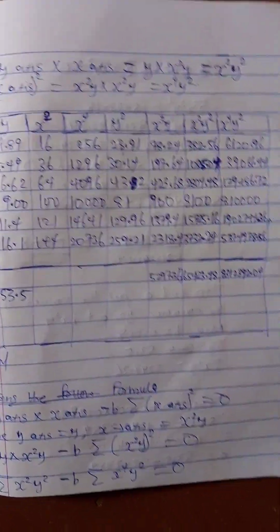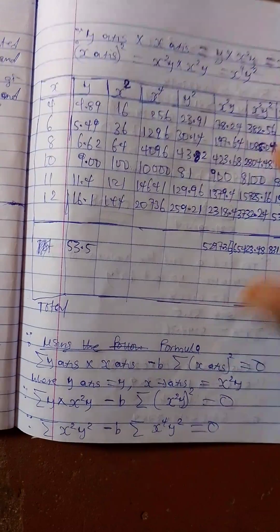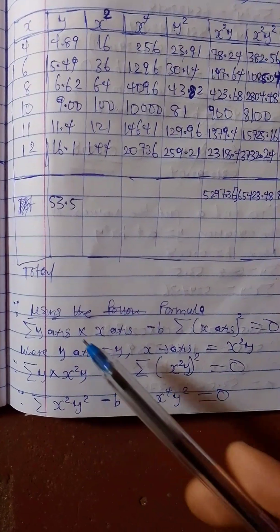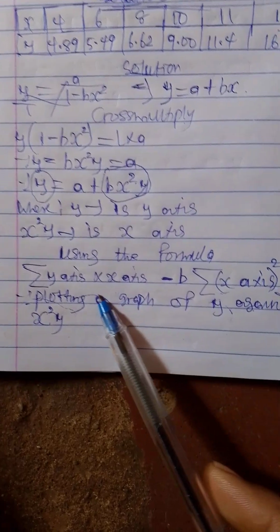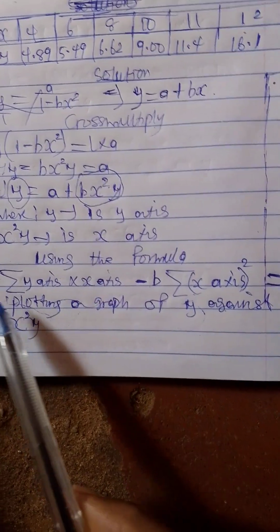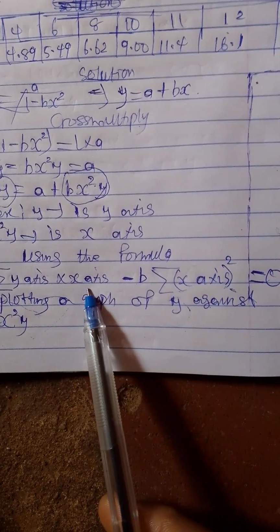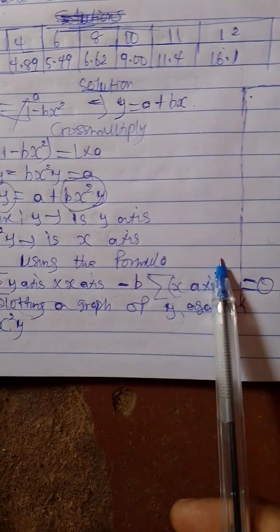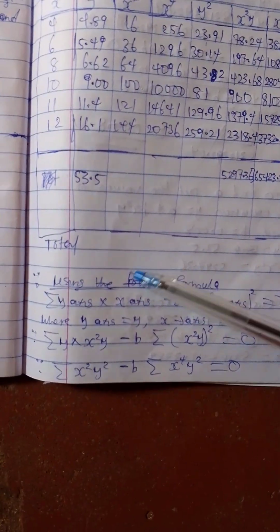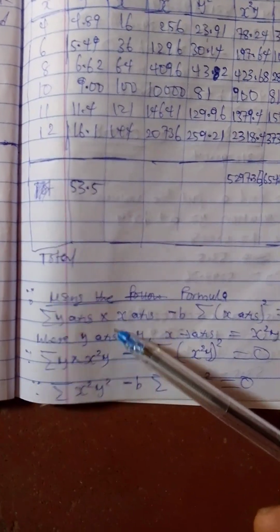It's not bad, okay? So after doing that, after finding the total, now by using our formula, we say that sigma y x times sigma y axis times x axis minus b sigma x axis all square is equal to 0. So therefore, by using our formula, we say that sigma y axis times what?